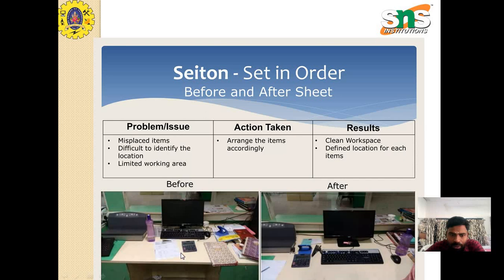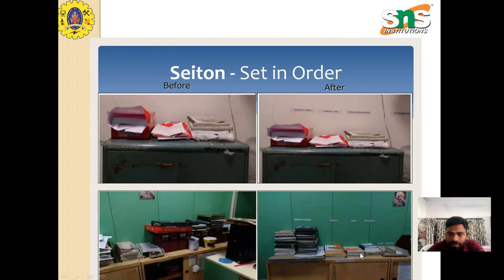In the before, all the items are misplaced, and after, they are arranged in order. Before set in order, the books are misplaced. After implementation of the 5S concept, see here, we have labeled each item to find the location of where it is placed.